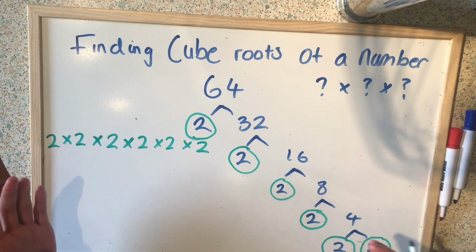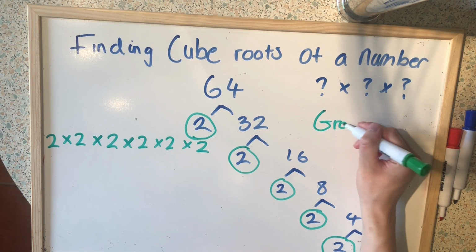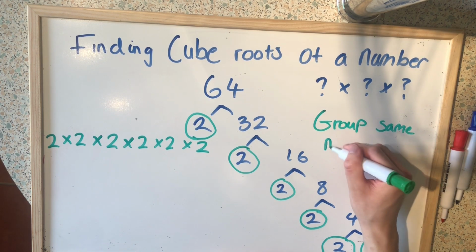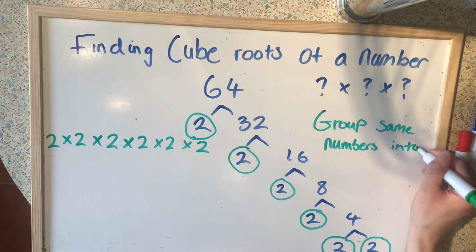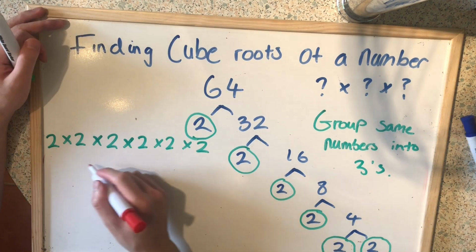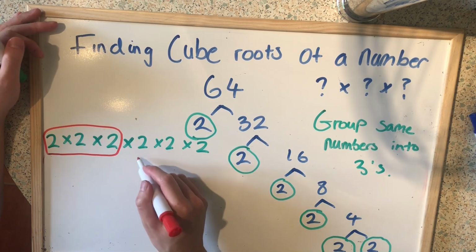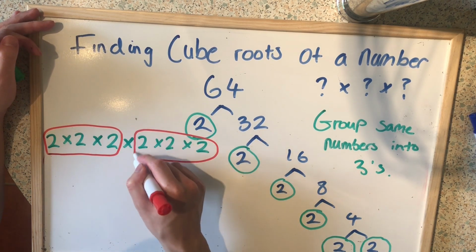Now we've got cube roots, so we're going to group the numbers into 3. So group the same numbers into 3s. So we can group these 3 numbers and we can group these three numbers.